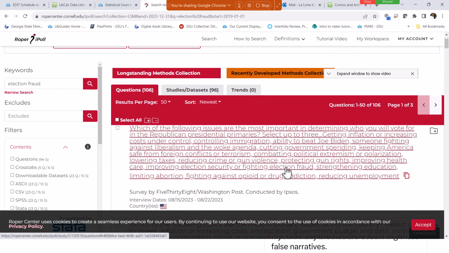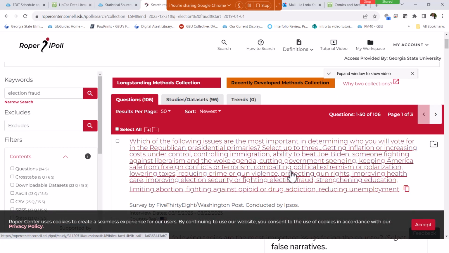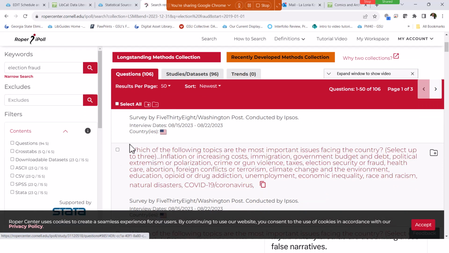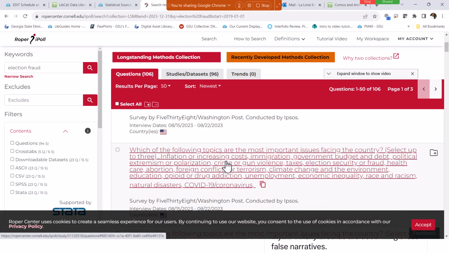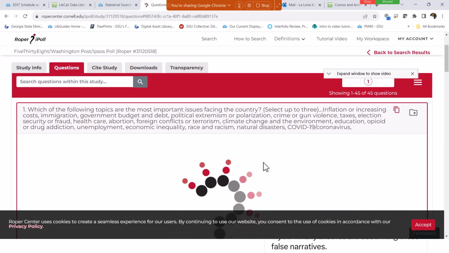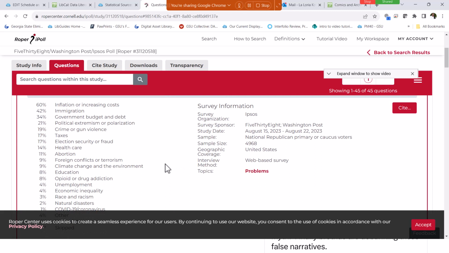And so what they gather here, they go around asking questions. Some of these are from newspaper organizations. Like here, which of the following topics are the most important issues facing the country? So if somebody said, "Oh, 90% of the country is concerned about election fraud," you say, hold up.